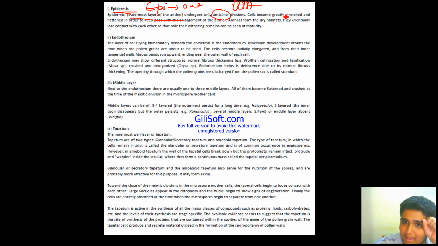And cells become greatly stretched and flattened in order to keep pace with the enlargement of the anther. This is one thing you should understand. The anther is actually growing because there is a lot of cell division. A lot of cell division will in turn increase the girth of the tissue, the thickness or the size of the tissue as such.